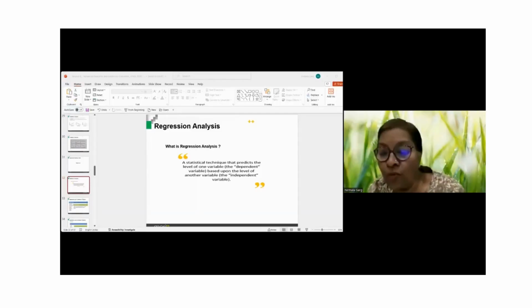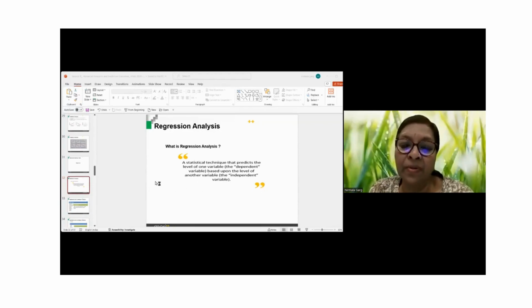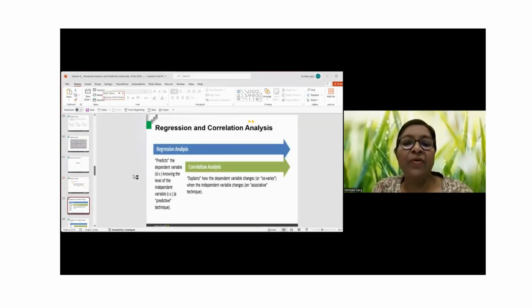There are two variables, the independent variable and the dependent variable. Then next, what do we do in regression? The dependent variable is called DV and the independent variable is called the IV.